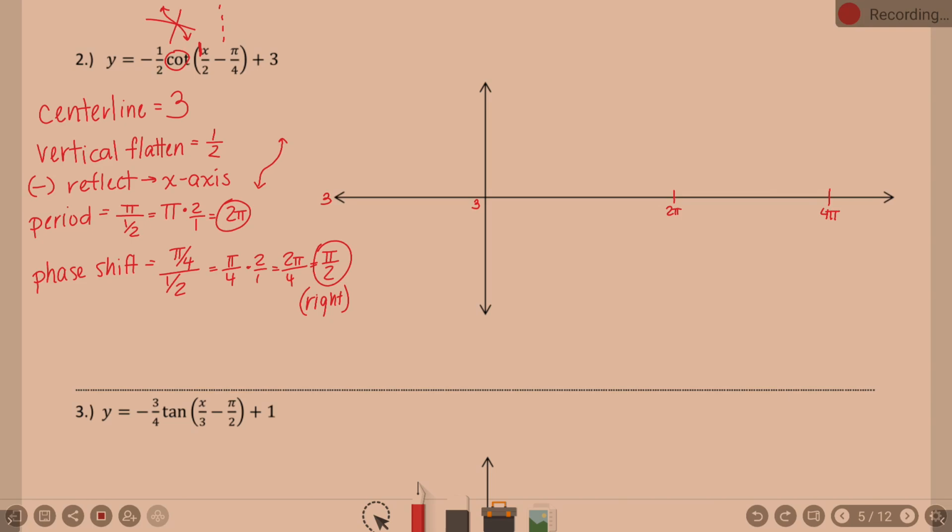Now, if they're not equal enough for you, adjust. I feel like mine are a little wonky, but nah, we're going to go with it. They're not too bad. I see a lot worse when grading your guys' sometimes, so. Okay, so that right there represents 2 periods of cotangent, yes?